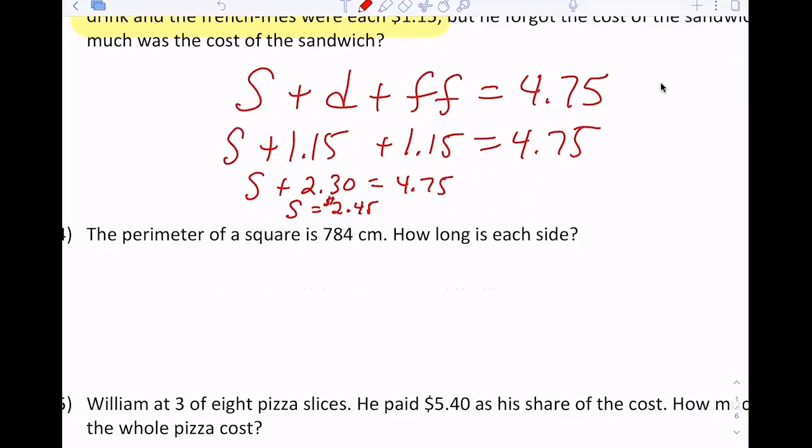The sandwich costs $2.45. Now again, that's why you have a calculator now. I don't care about the arithmetic because I've done everything I can to teach you the arithmetic. Now you have a calculator. Simple equation. All right, let's go.